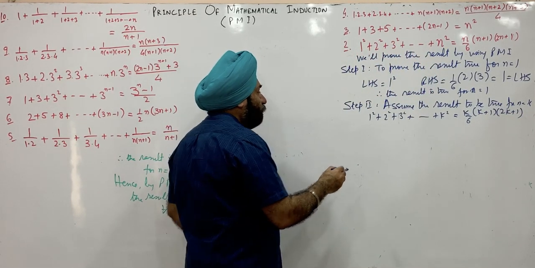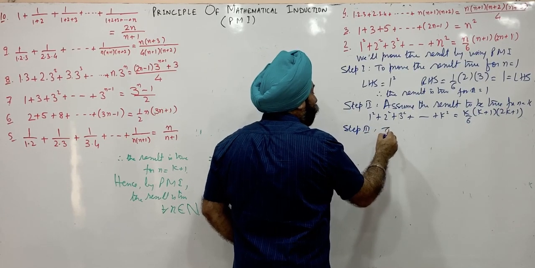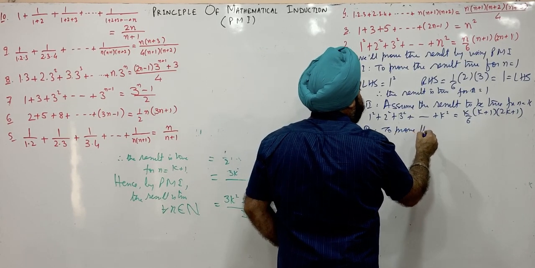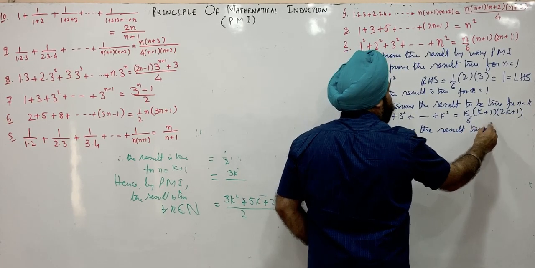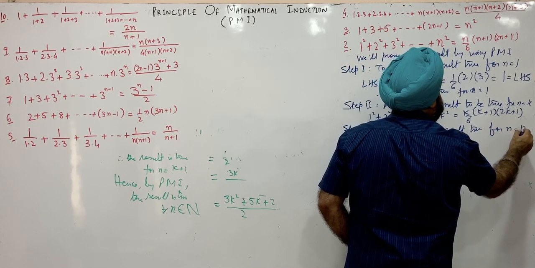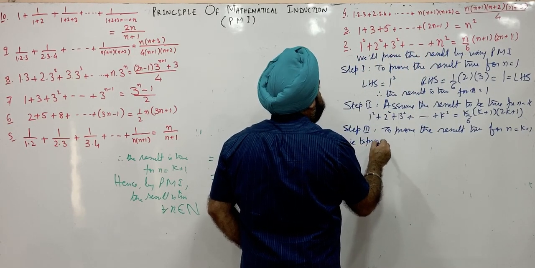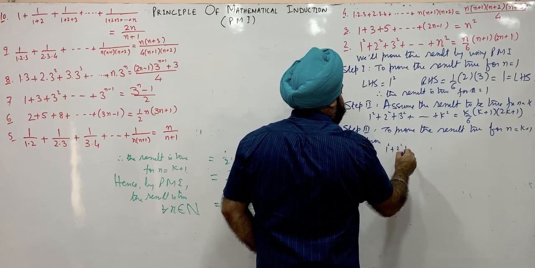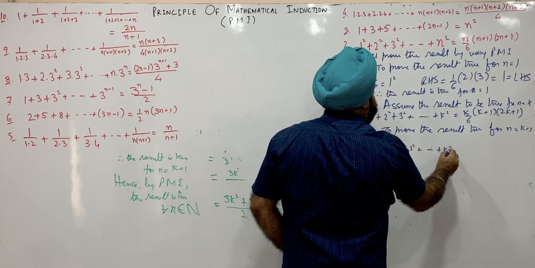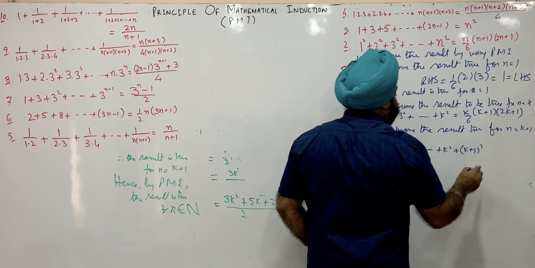Third step, here we have to prove the result true for n is equal to k plus 1. That is to prove 1 square plus 2 square plus 3 square, then this is k square and plus k plus 1 square.